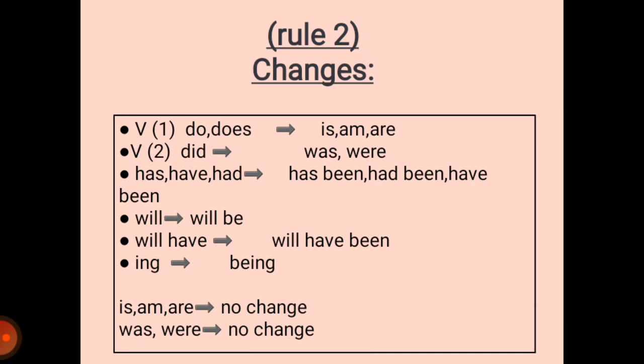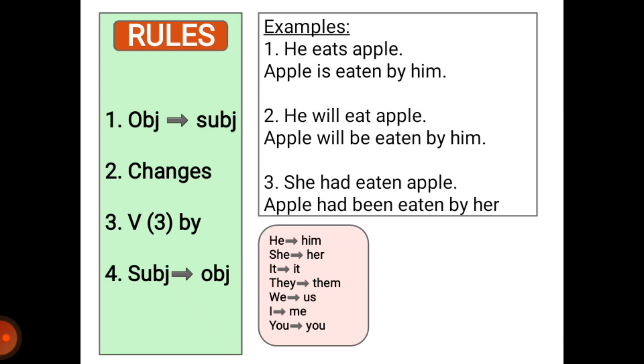So eats is the present tense, the first form of the verb, and that will be converted into is, am, are. Now we have to understand whether the subject is singular or plural. Apple is singular, so we will write is. We use is with singular and are with plural. So that will become apple is.